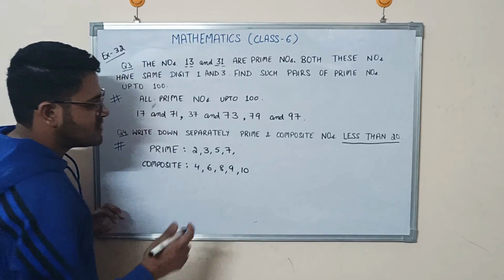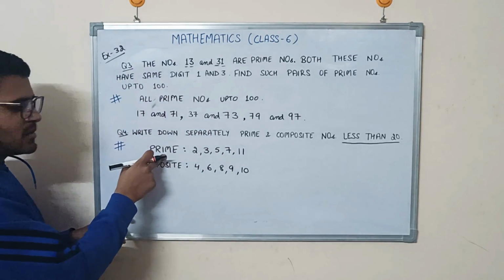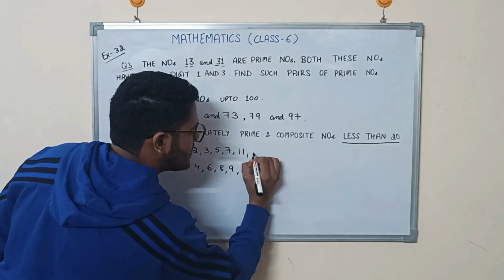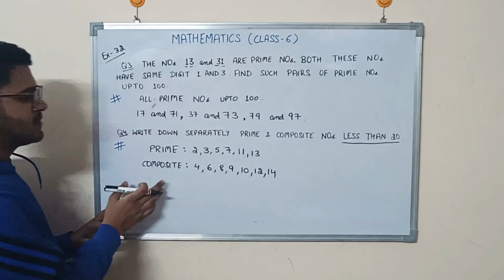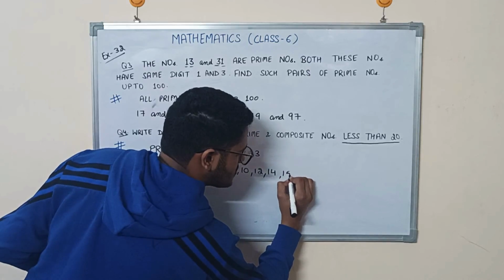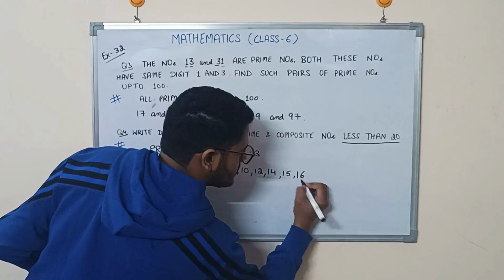After this, let's move to 11. 11 is a prime number. 12 is a composite number. 13 is a prime. 14 is a composite number. Then comes 15, which is also a composite number. 16 is also a composite number.